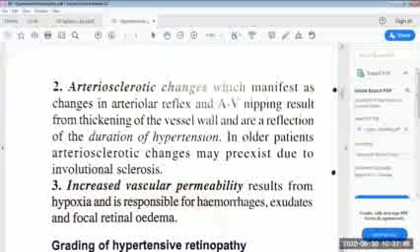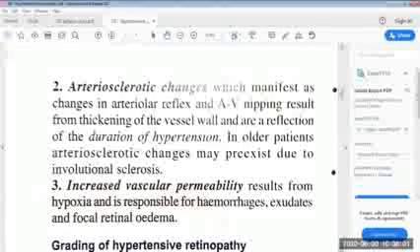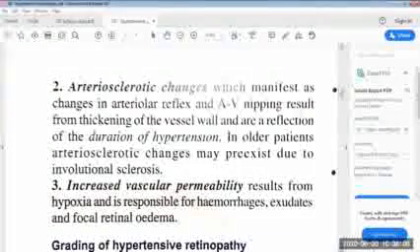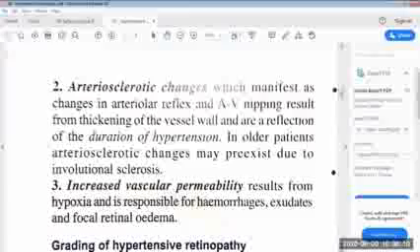In older patients, arteriosclerotic changes may pre-exist due to involutional sclerosis. Then the third important factor is increased vascular permeability. It results from hypoxia and is responsible for hemorrhages, exudates, and focal retinal edema.